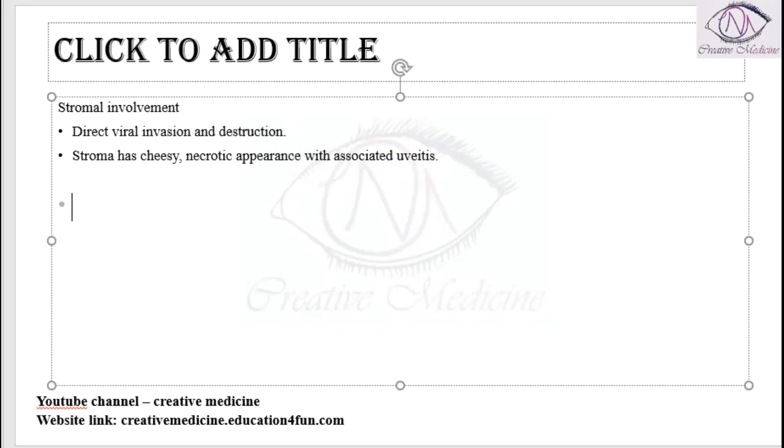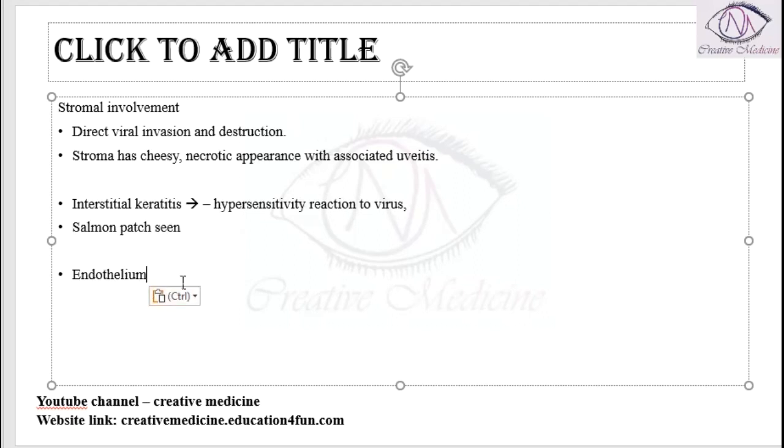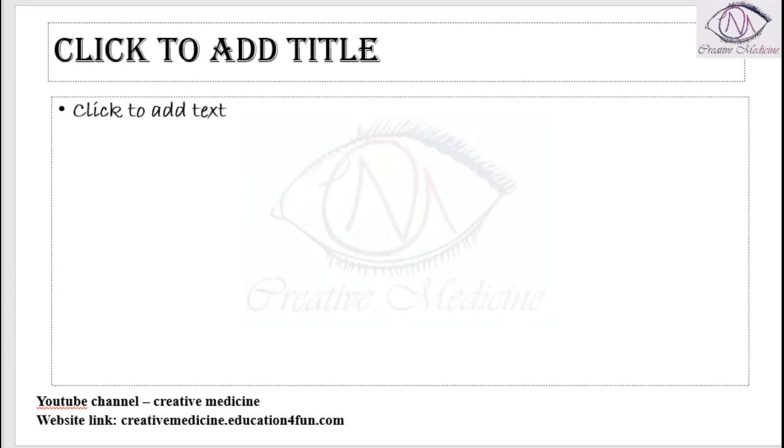Then the patient can also develop interstitial keratitis, in which the patient develops a hypersensitivity reaction to the virus, and a salmon patch is seen. Then there is involvement of the endothelium, in which a disciform ulcer can develop.